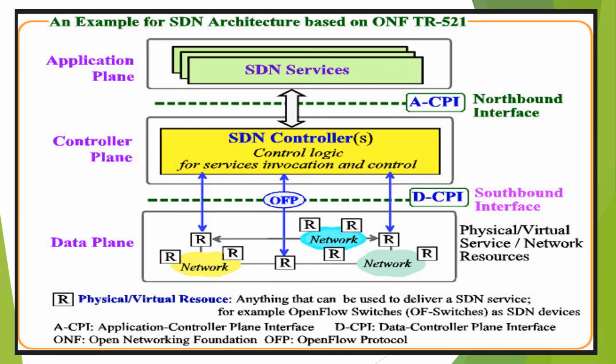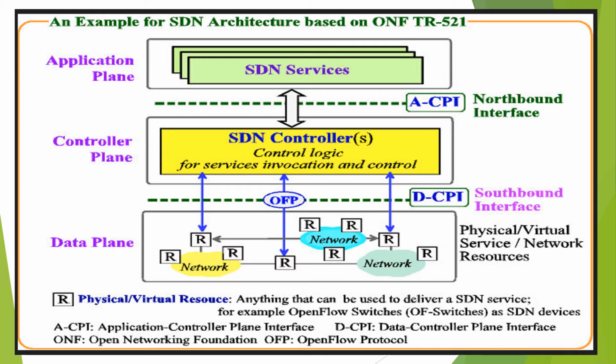Now here we can see another example of the SDN architecture. We can see there is an application plane which is having the SDN services. There is an interface which is known as ACPI, the Application Controller Plane Interface. It allows applications to communicate with the controller devices. Now we can see the controller plane which is having controller devices, and these controllers have the logic for service invocation and control.